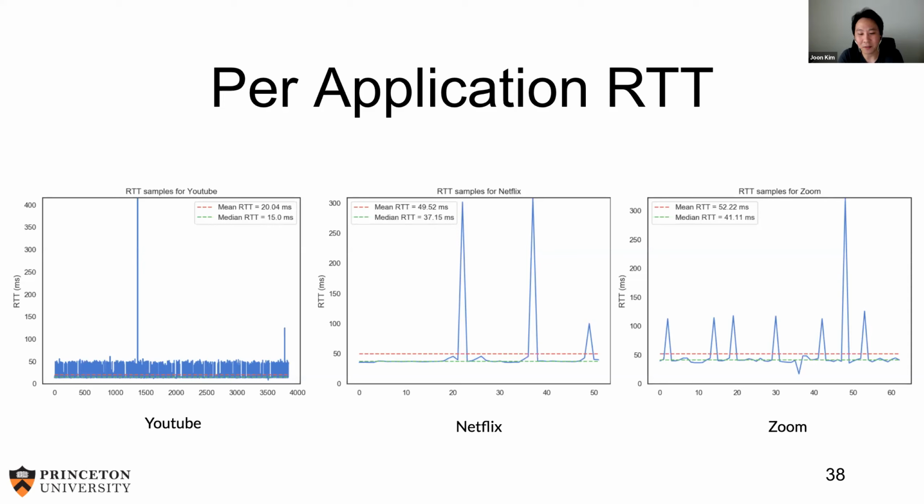You can look at Netflix and how the RTT looks at Netflix. People are using a lot of Zoom even right now. So you can think about measuring the continuous RTT of Zoom and compare them with different applications and see how we're doing. So that's a value of having continuous RTT measurements going on.